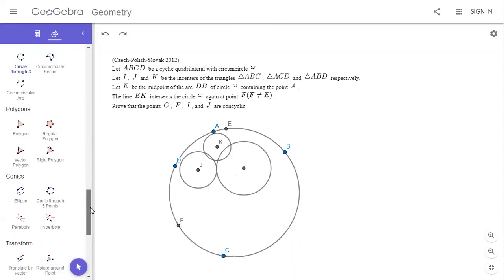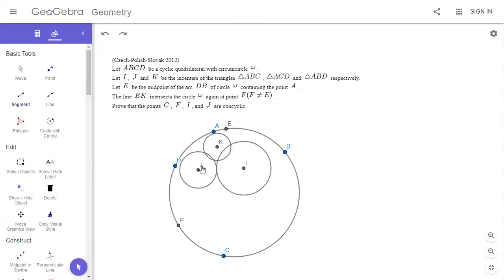Okay, so let me draw in some more stuff. All right, it's kind of interesting. I should draw AC. Yeah. Sec, I'll be right back.